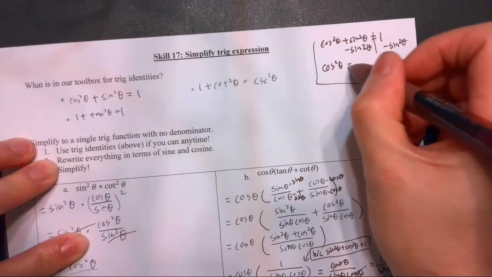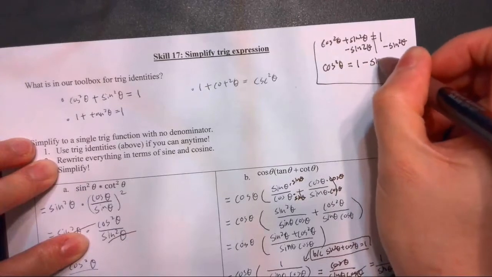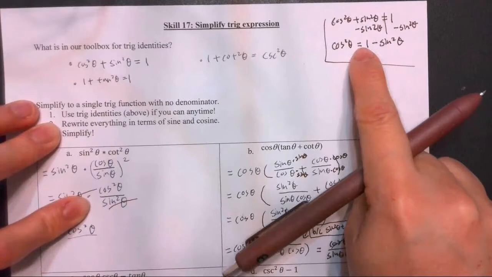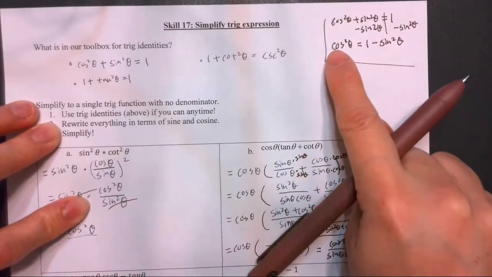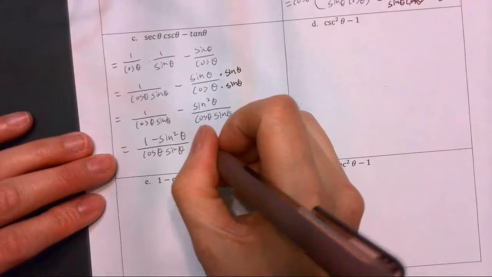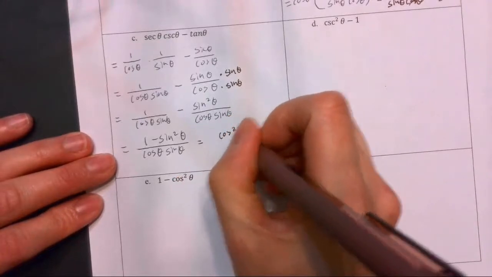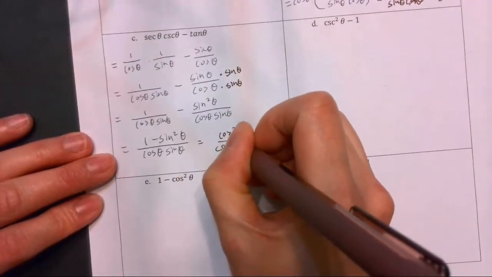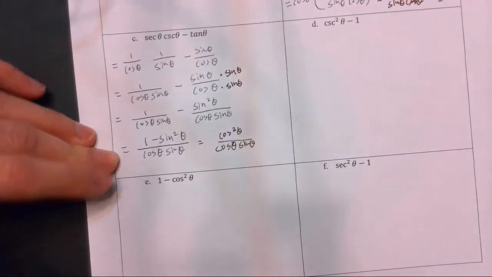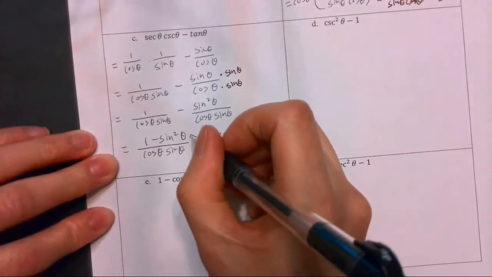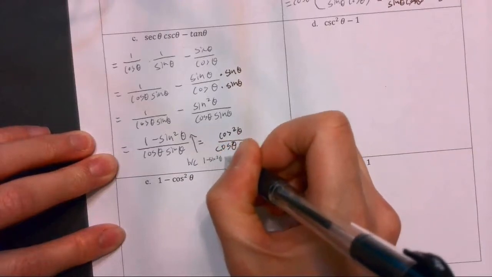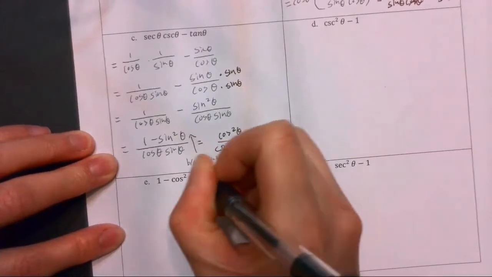Cosine squared theta is equal to 1 minus sine squared theta. So what is 1 minus sine squared theta equal to? Cosine squared theta. So I'm going to use that identity and make a note here that 1 minus sine squared theta is equal to cosine squared theta from the identity.